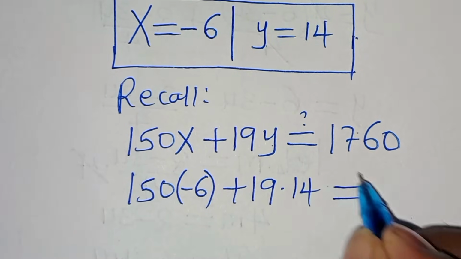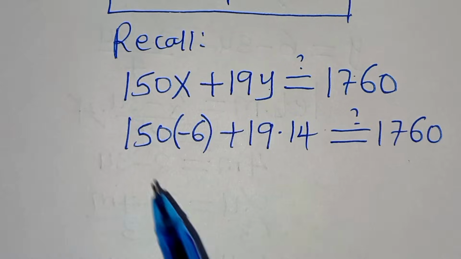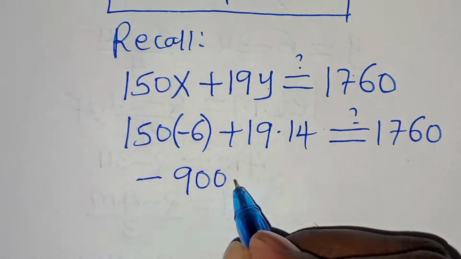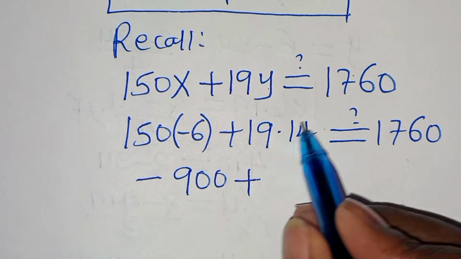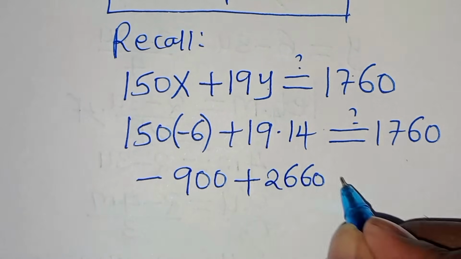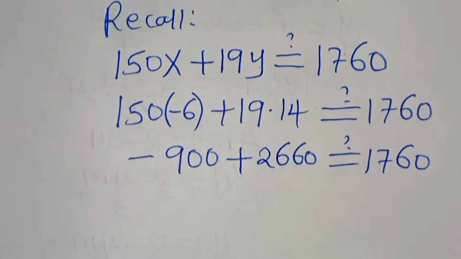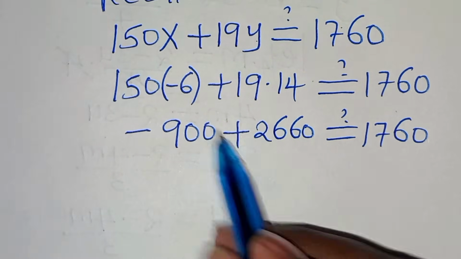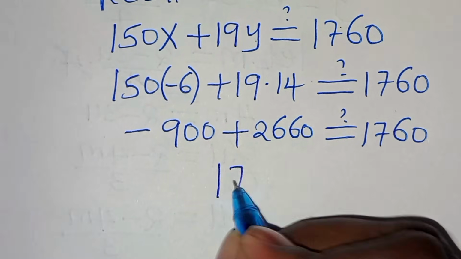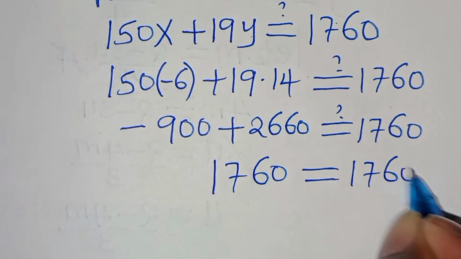Now 150 times minus 6 is minus 900, plus 19 times 14, this is 2660. We have minus 900 plus 2660, and this is equal to 1760, which is equal to 1760.